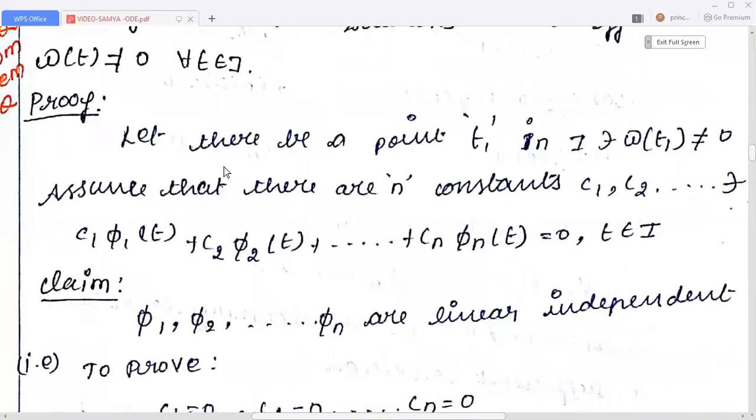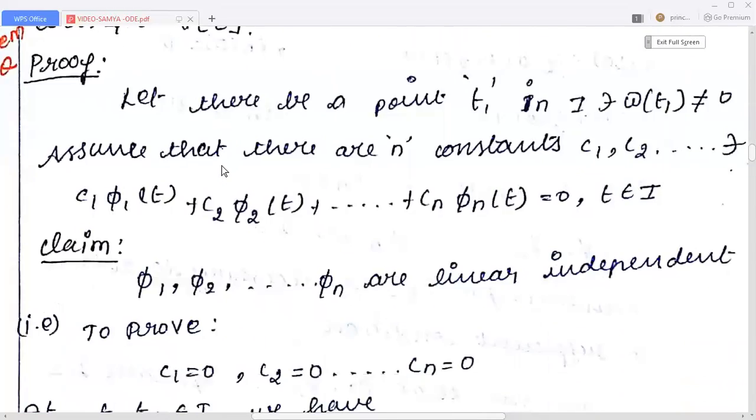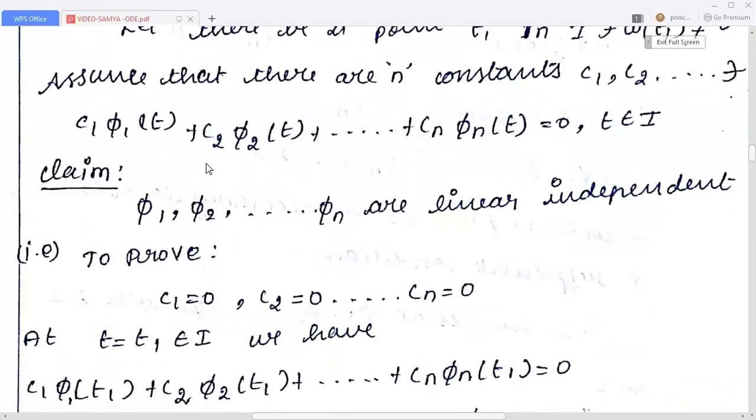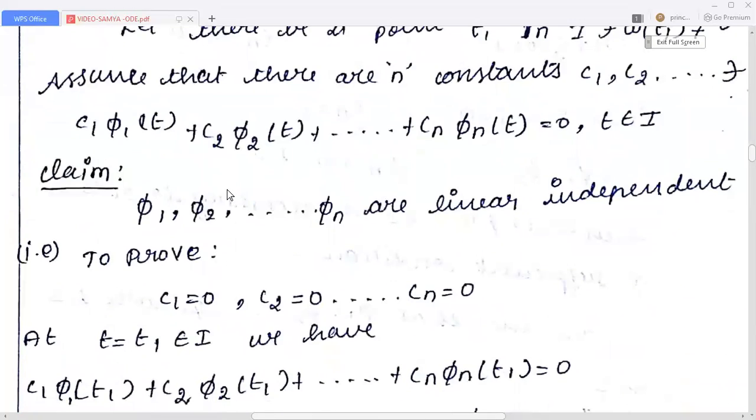Now we write the proof. The proof consists of two parts. First, we assume that there are n constants C1, C2, etc. Cn such that the linear combination gives 0.